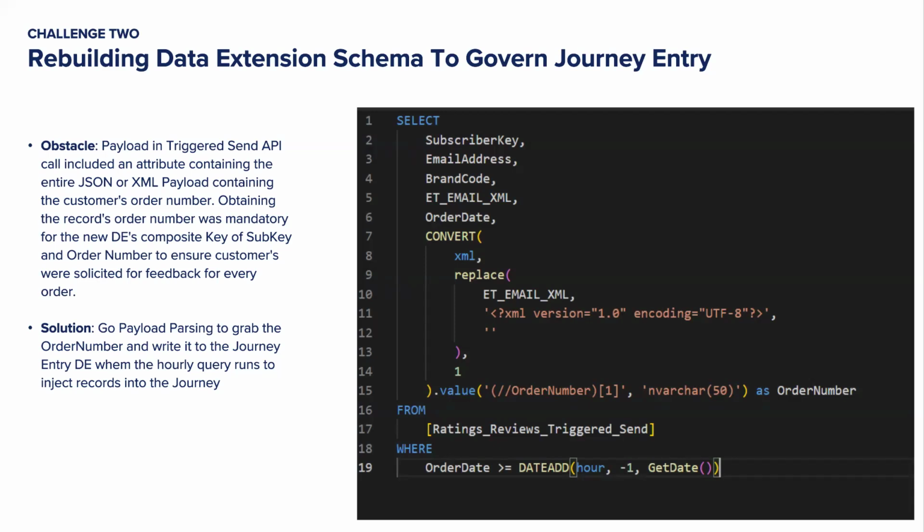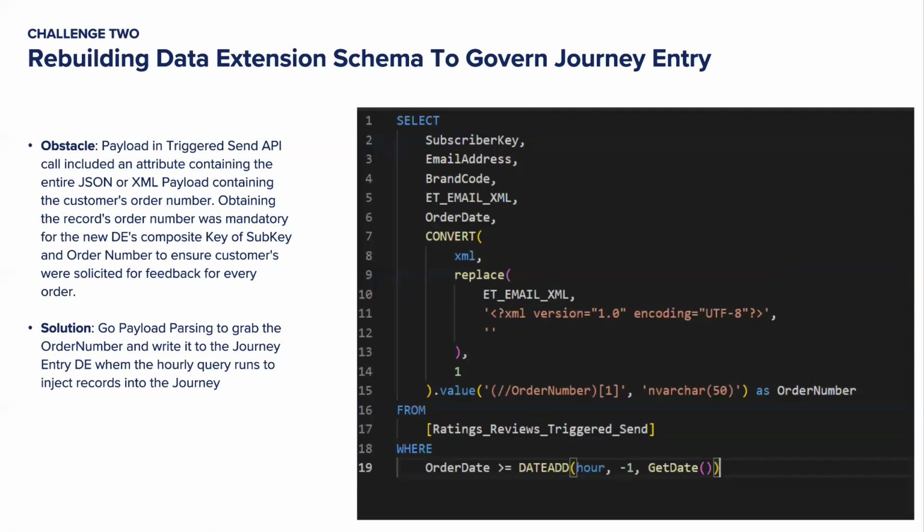Having that breadth of platform knowledge meant it wasn't like, hey, sorry, we can't do this anymore. So it was a fun solution to build together with the team. And what ended up happening is that the composite key worked just fine, adding new unique orders, and writing that as the entry DE.